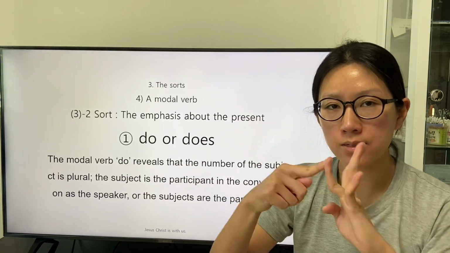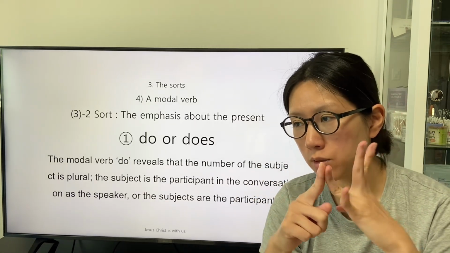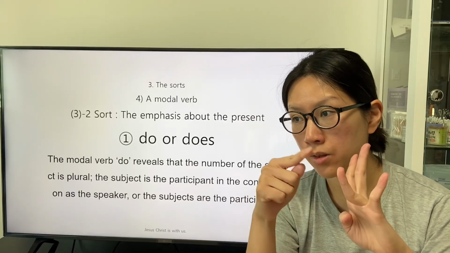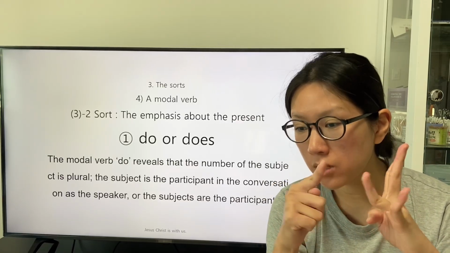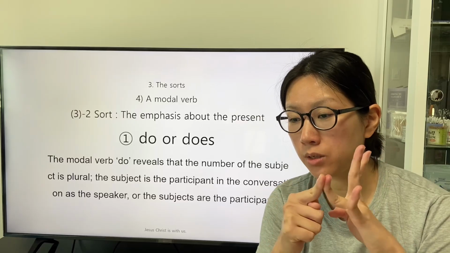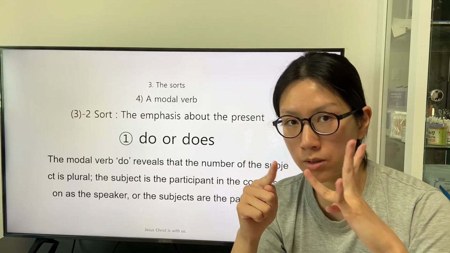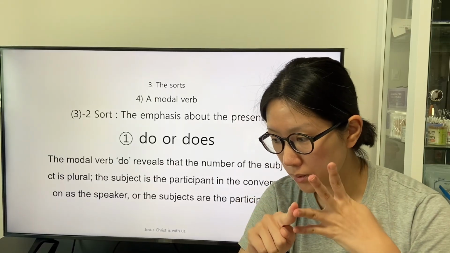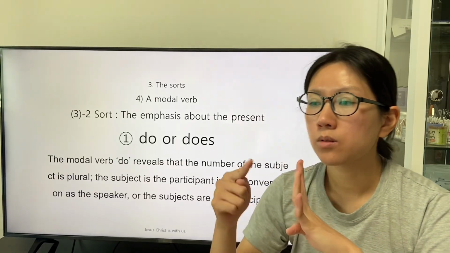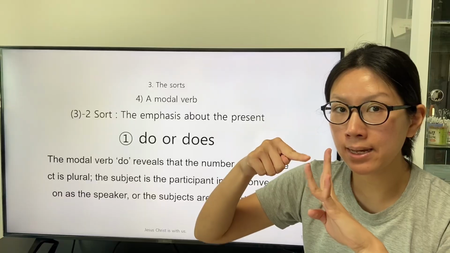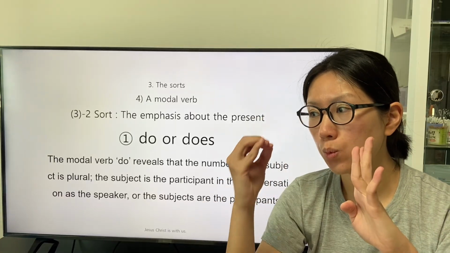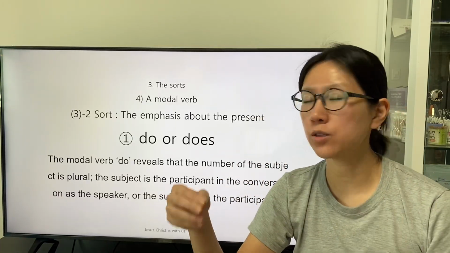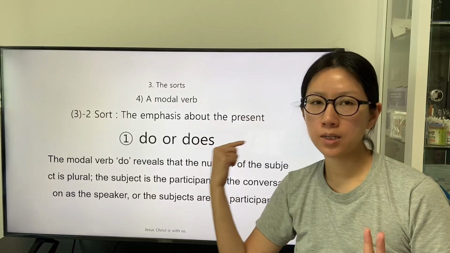The third case, that the number of the subject is 1 and the subject does not participate in the conversation with the speaker, is appropriate with the application of the modal verb does.